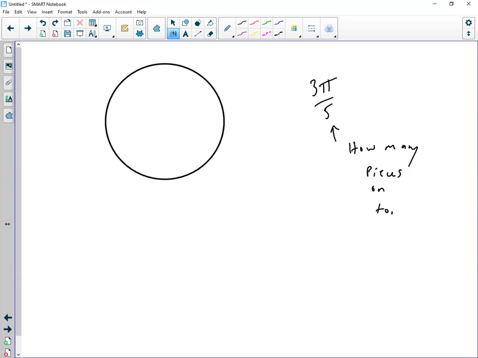So that tells you how many pieces are going to be on top of the circle. If I look at just breaking this circle in half, I know that no matter what I do, the right side of this is going to be 0, and I know that this side is going to be pi.